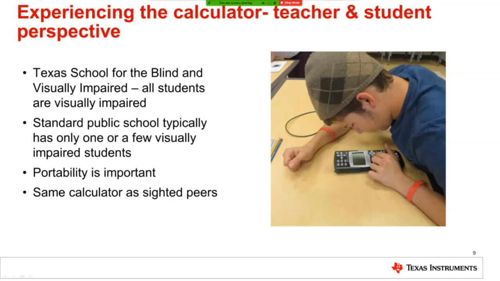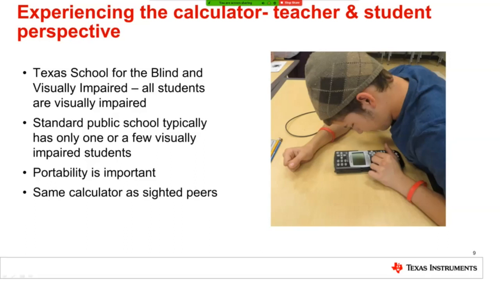On my experiences at the Texas School for the Blind and Visually Impaired, all students at the Texas School for the Blind and Visually Impaired have either low vision or are blind, and students come to the school to get intensive services for a short period of time, ranging from as short as a weekend to as long as 2 or 3 years.